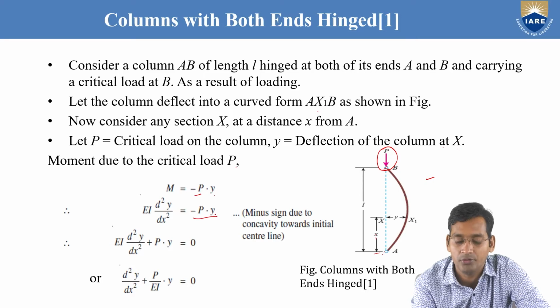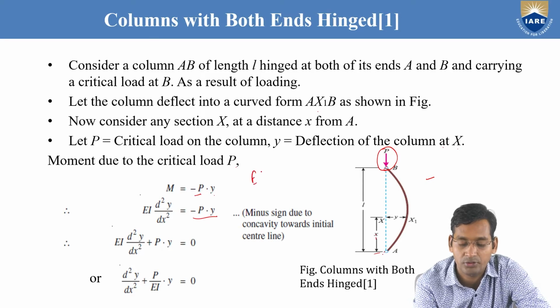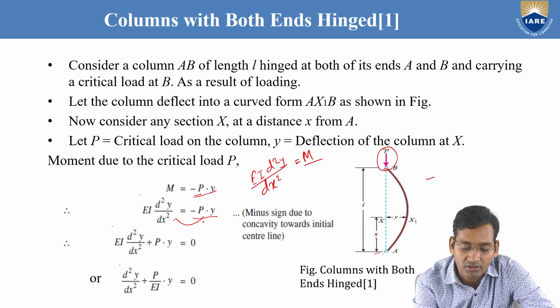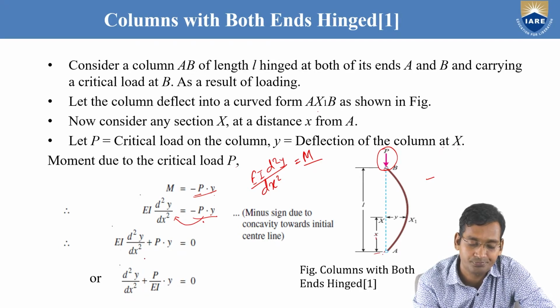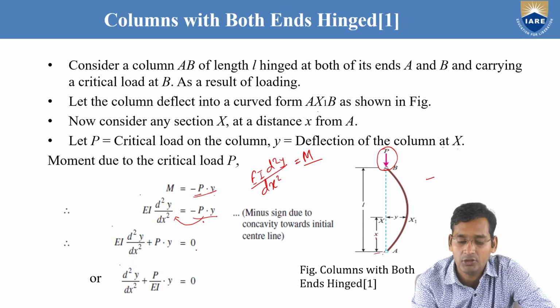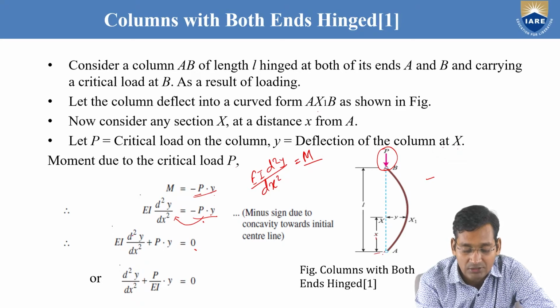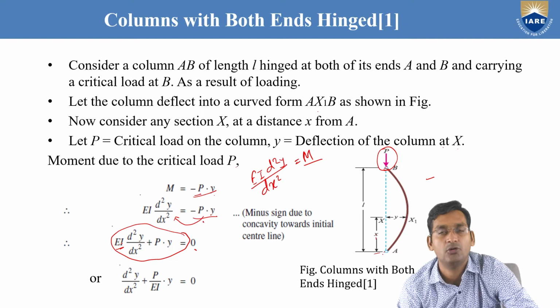Just substitute here. EI d2y by dx square equals M, and M equals minus Py. After substituting, this is the value. Now bring this to this side. So this becomes EI d2y by dx square plus Py equals 0. For solving this differential equation, the coefficient of this term should always be unity.